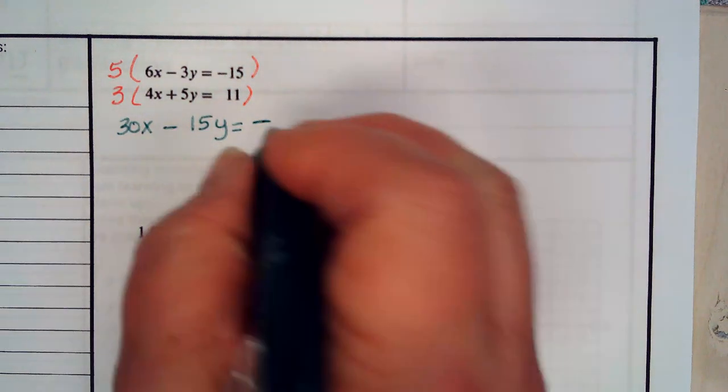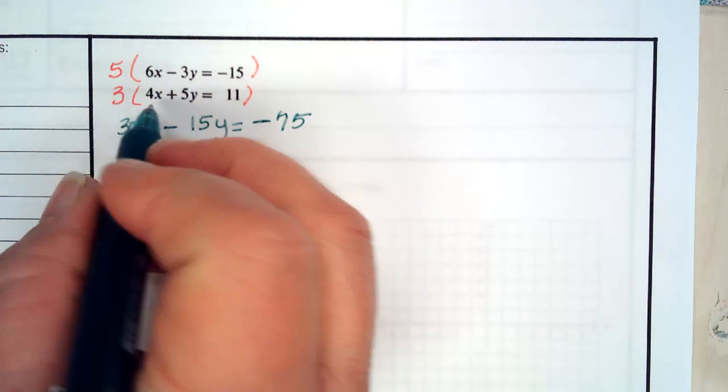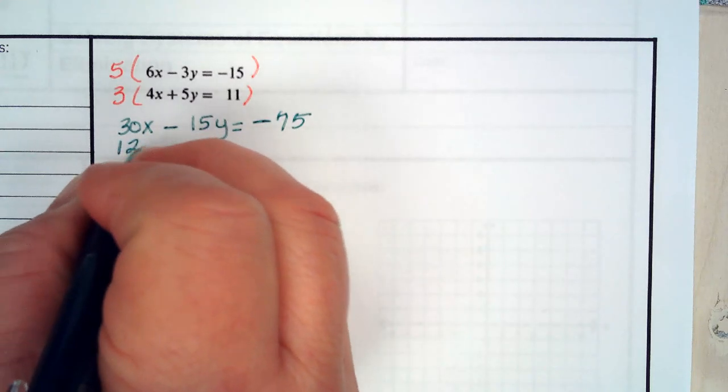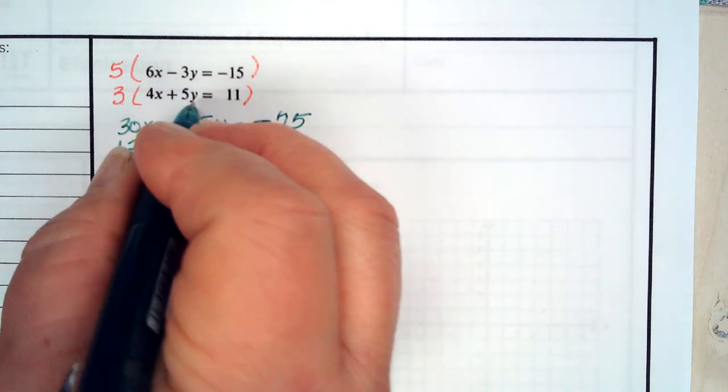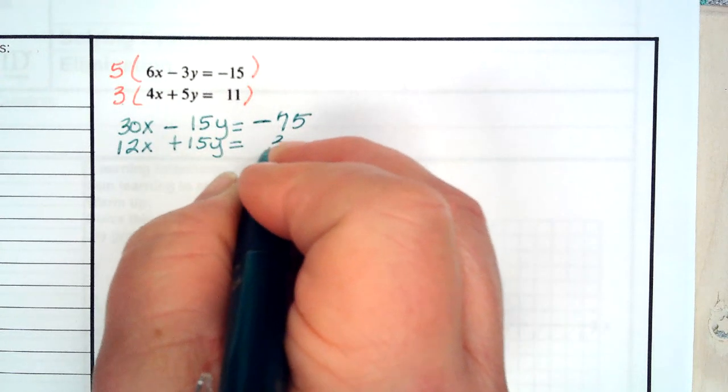It is negative 75. Okay, for the second row, 3 times 4x is 12x. 3 times 5y is 15y is equal to 3 times 11 is 33.